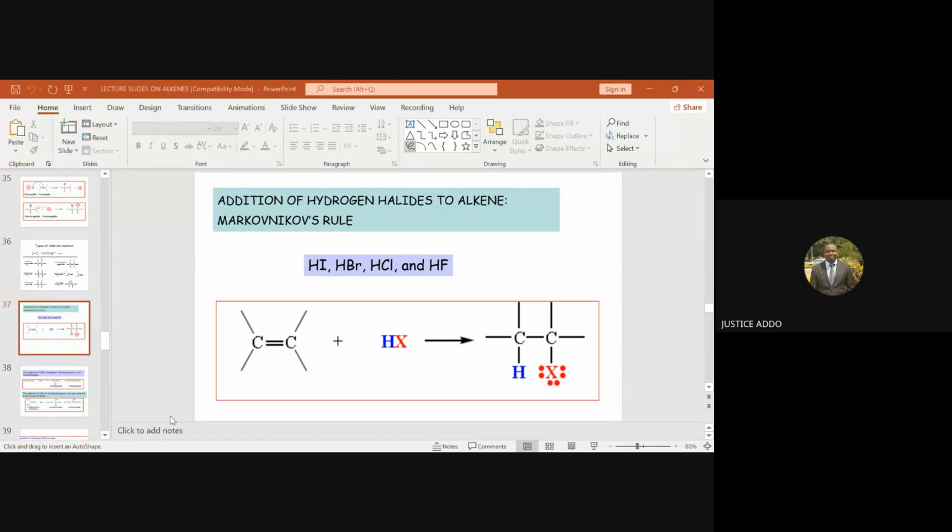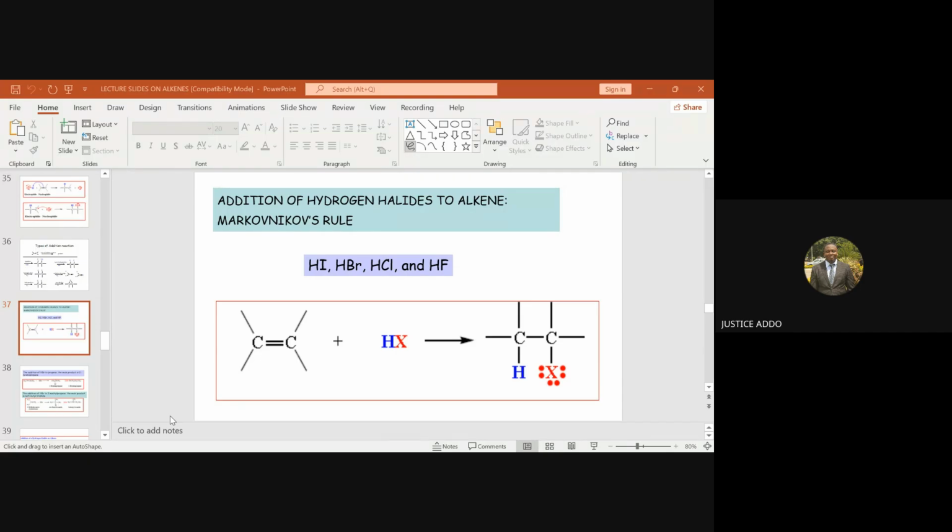So Markovnikov's rule is saying that if you are adding a halogen acid, and you can see the examples on the screen, if you are adding any one of them to an asymmetric alkene, some alkenes are symmetrical, meaning the double bond is in the middle, so if you cut it into two equal halves, it's going to be possible.